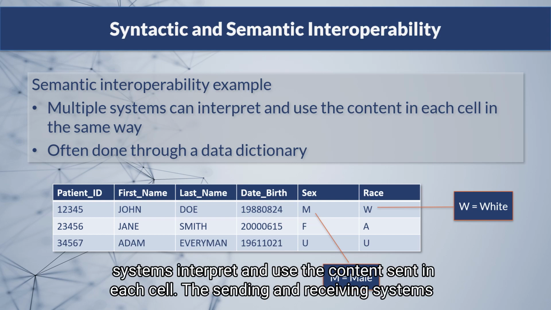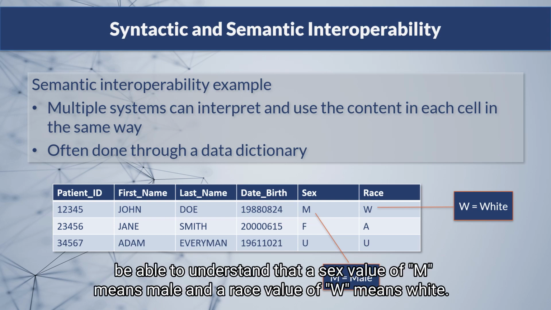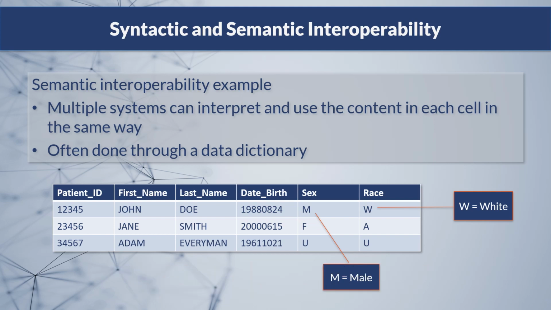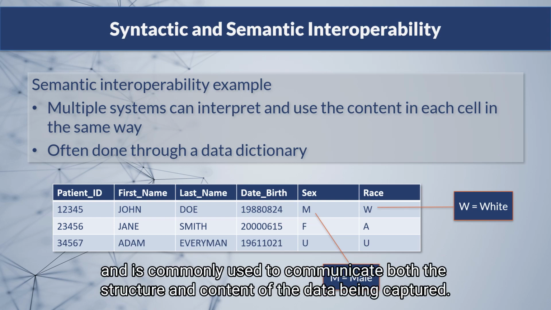The sending and receiving systems may not store data in the same way, but semantic interoperability ensures that both systems will be able to understand that a sex value of M means male and a race value of W means white. A common way of achieving this is by the sender sharing a data dictionary with the receiver. A data dictionary is a collection of data element names, definitions, and related attributes, and is commonly used to communicate both the structure and content of the data being captured.